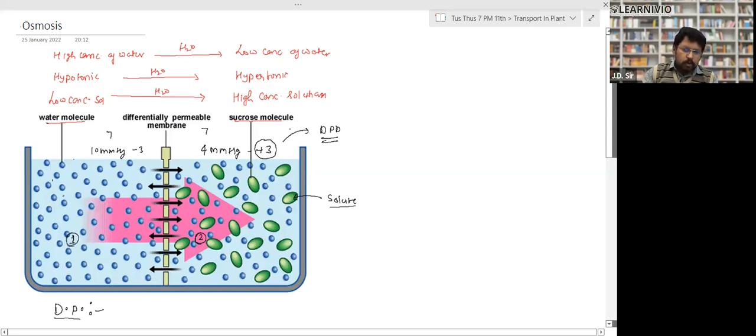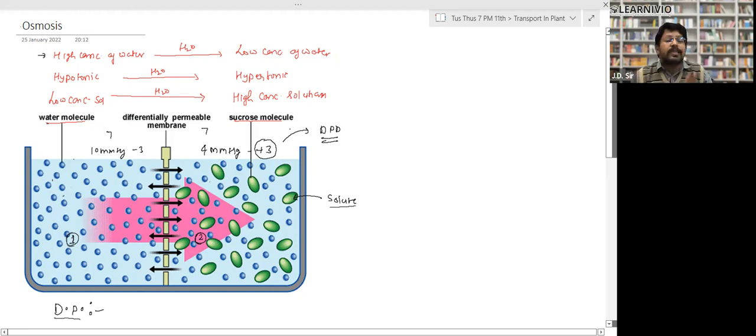So what will happen? Water molecule concentration is higher in chamber number one. In chamber number two, water molecules are less. So water molecules will start moving from higher concentration to lower concentration. The low concentrated solution is called hypotonic, and the higher concentrated solution is called hypertonic.